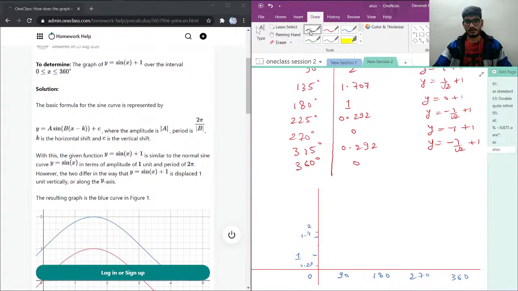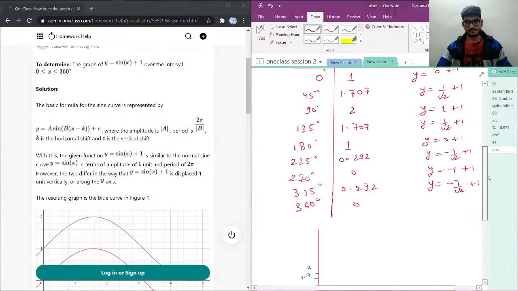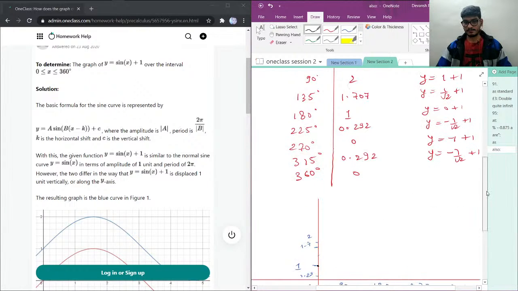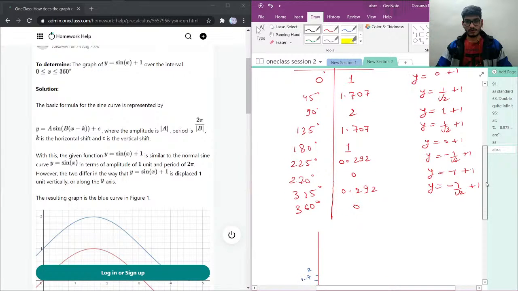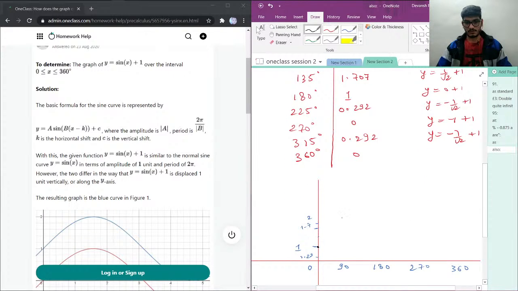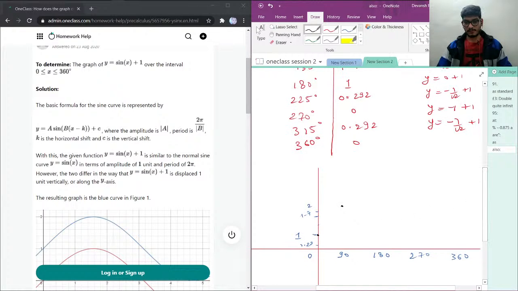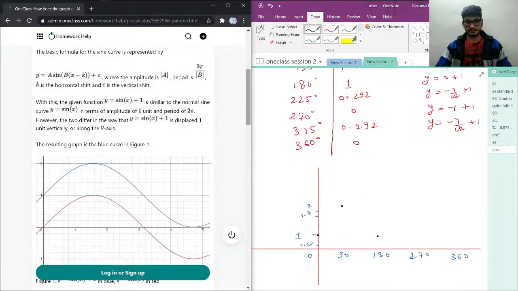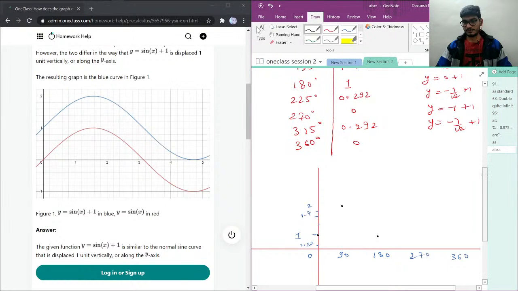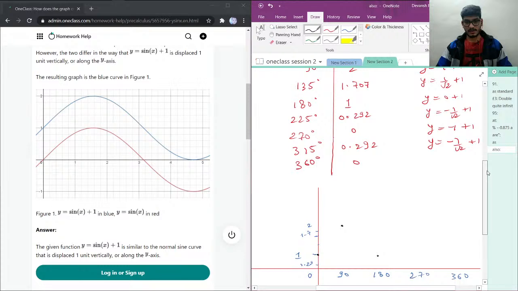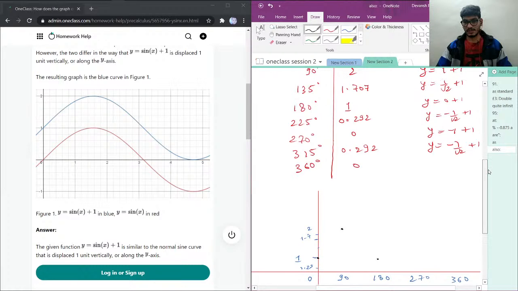I will draw the coordinates quickly. For 0 I have 1, then for 90 I have 2, for 180 I have 1, then for 270 I have 0.